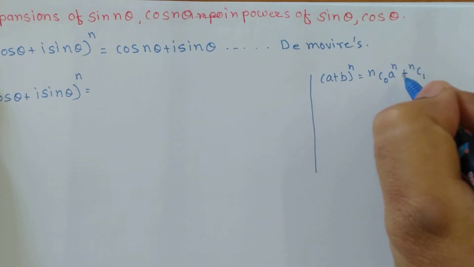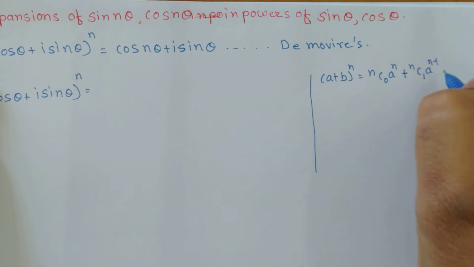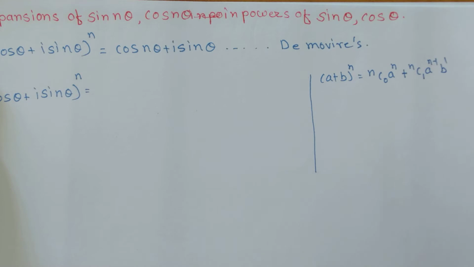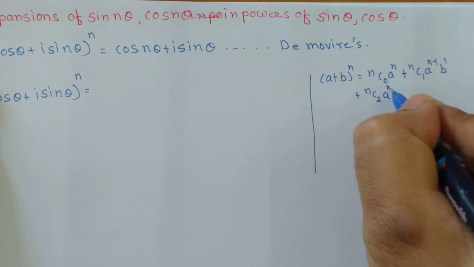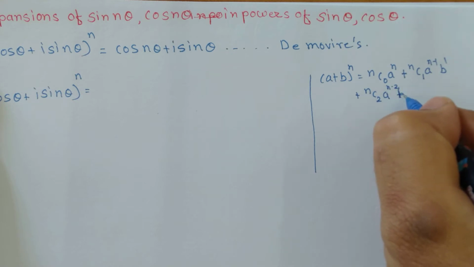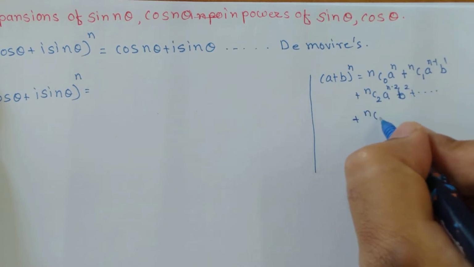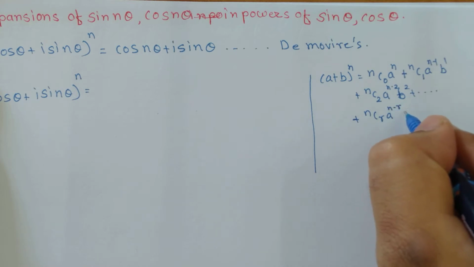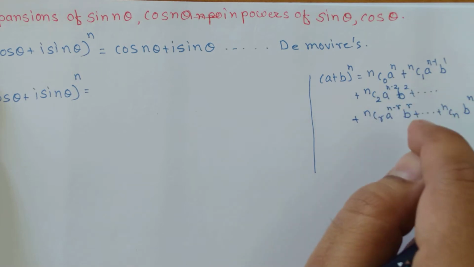Then n choose 1, we decrease the power of a by 1, we get a raised to n minus 1, and we increase the power of b by 1, so we get b raised to 1, plus n choose 2, a raised to n minus 2 into b square, plus and so on, plus n choose r, a raised to n minus r, b raised to r, plus and so on, n choose n, a raised to 0 and b raised to n. So this is the binomial expansion.